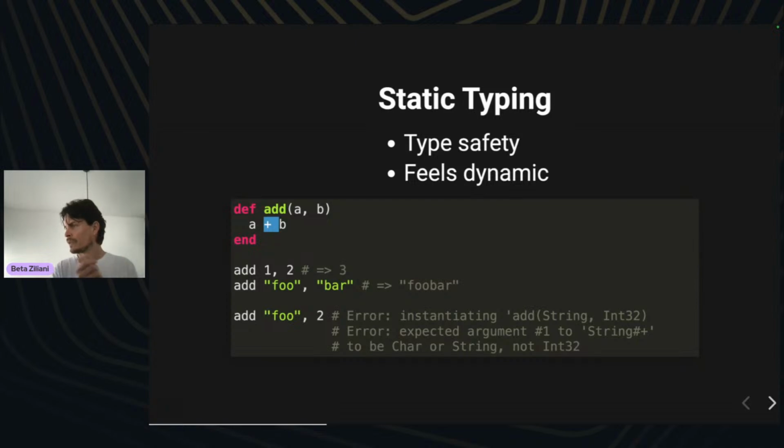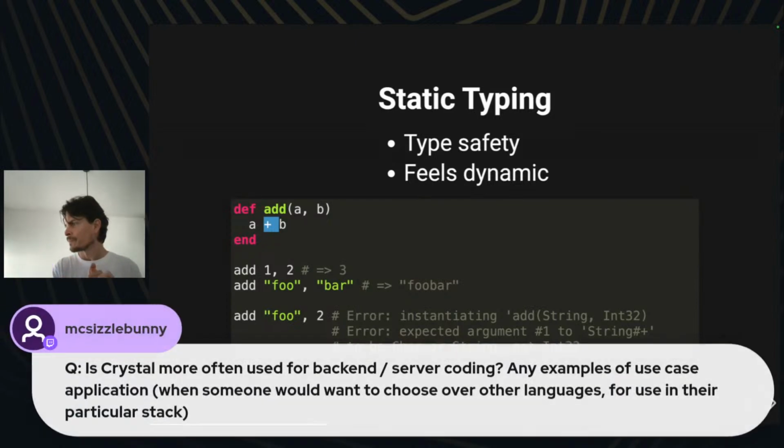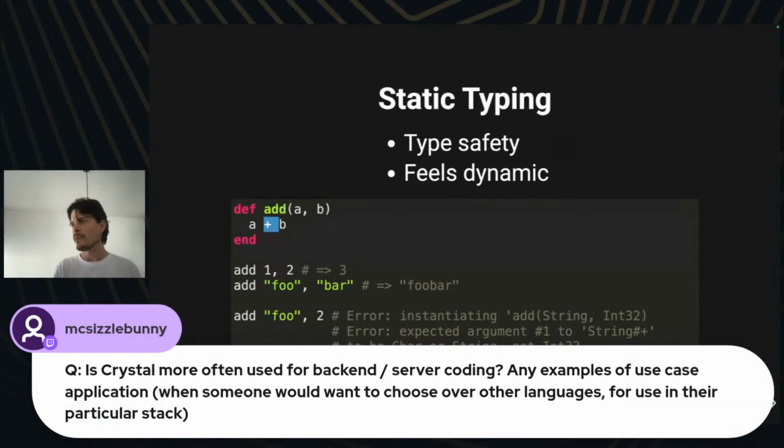So I have a question here. It says, is Crystal more often used for backend server coding? There are several applications for server coding, and backend definitely is one of them, but also for CLI tools for the command line. That is where Crystal shines as well.